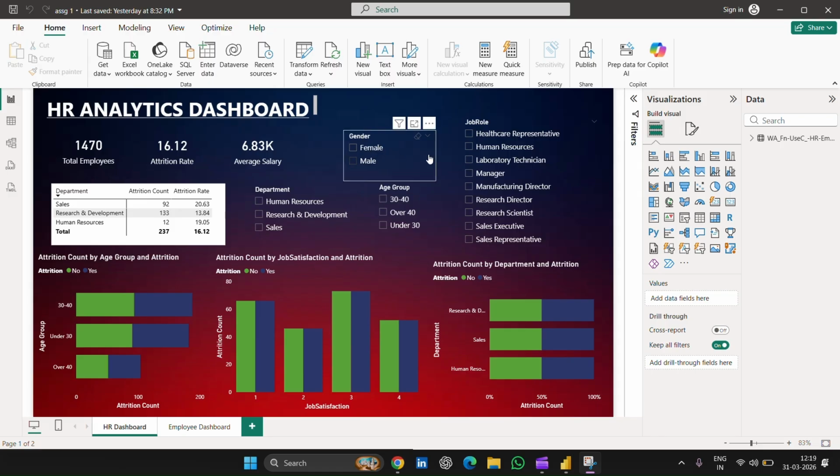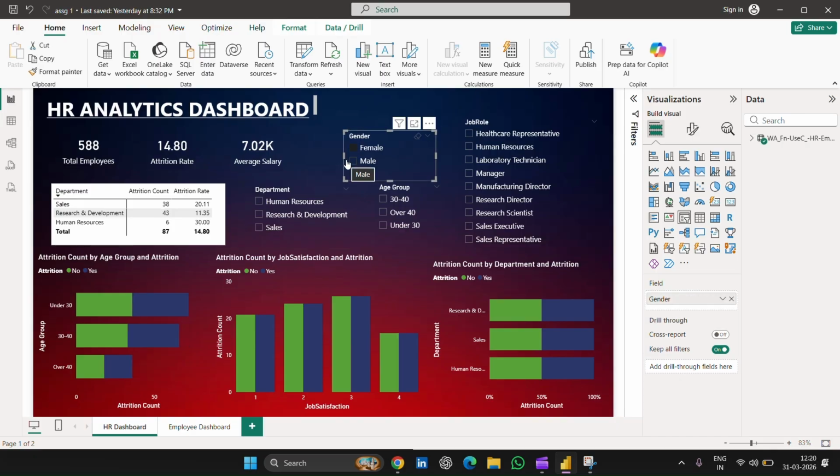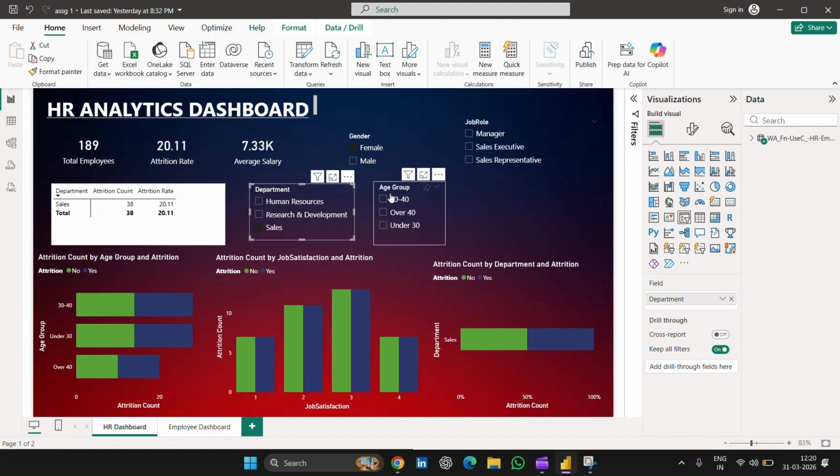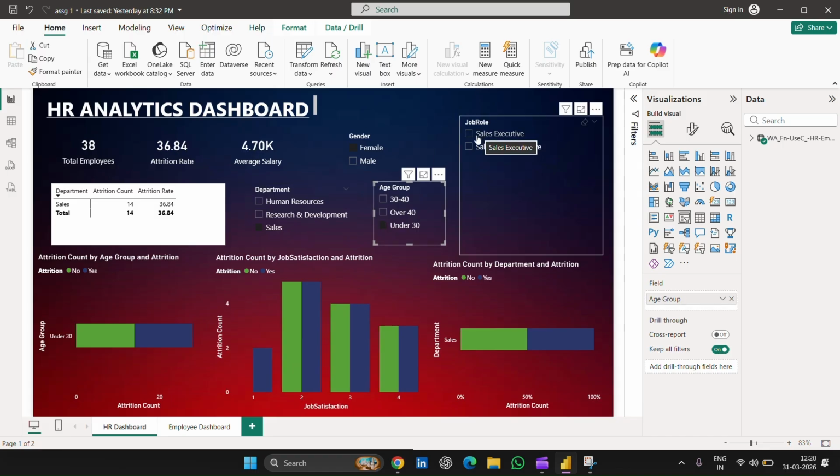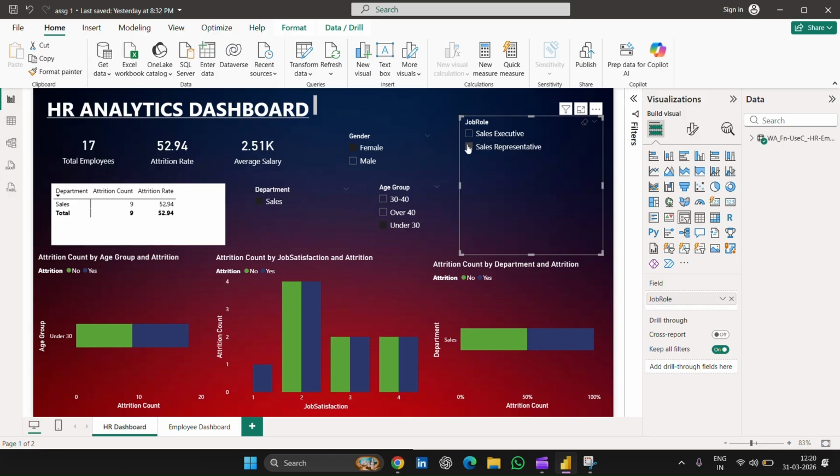I have taken four different slicers here. The first one is gender, second is department, third is age group, and the fourth one is job role. These four slicers allow us to dynamically analyze the data. For example, we can check the attrition for only female employees in the sales department under the age of 30, with the job role as sales representative or sales executive.